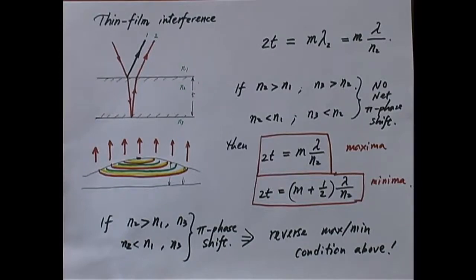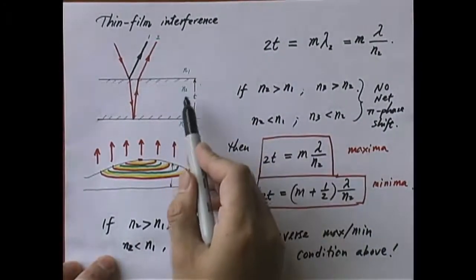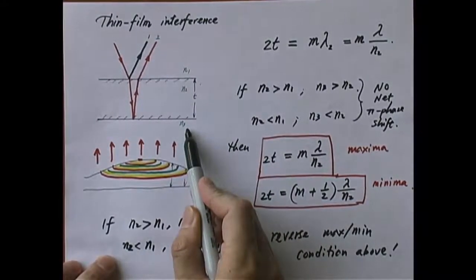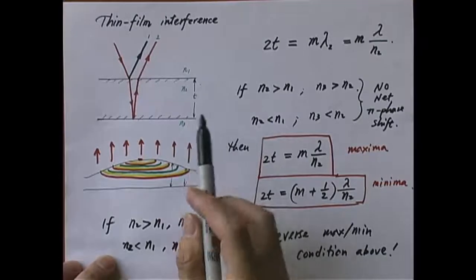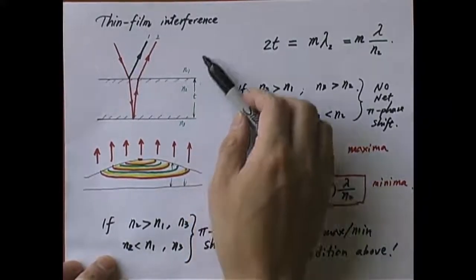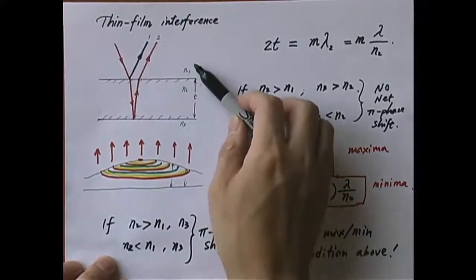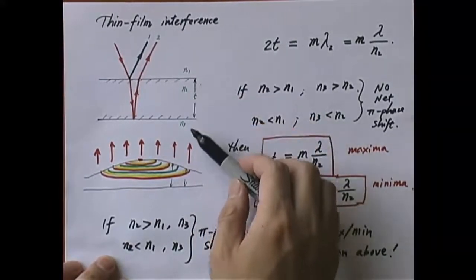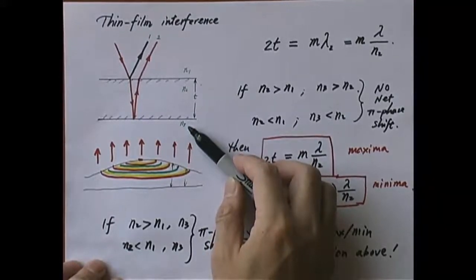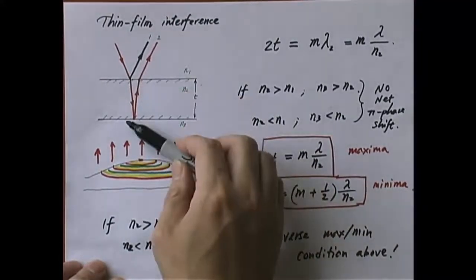Suppose this is air, this is the film, and this is glass, the glass of which the lens is made. And let's say for simplicity, n2 is midway between n1 and n3. In other words, it's greater than n1, which is for air, but less than n3, which is for glass. So in this case, there will be two pi phase shifts, one here and one there, right?